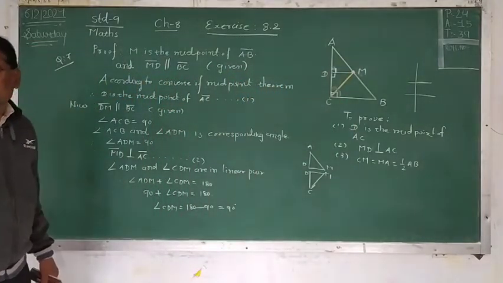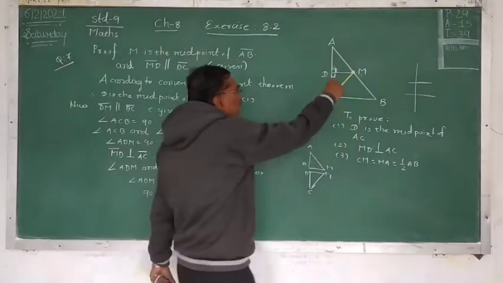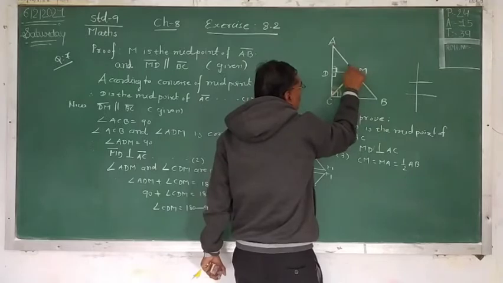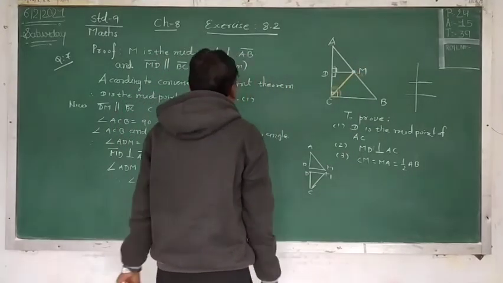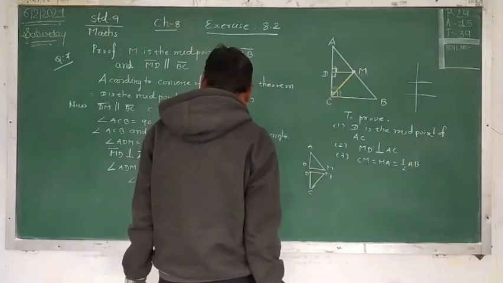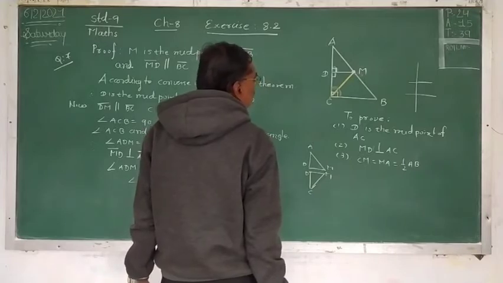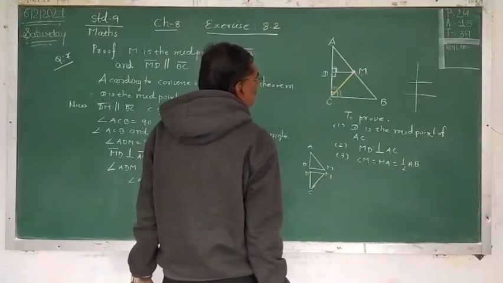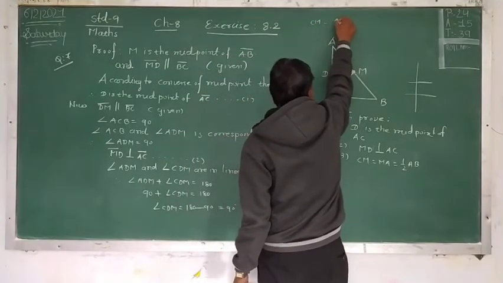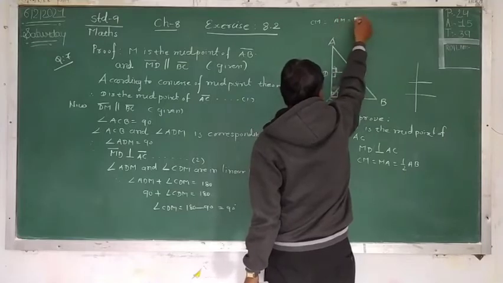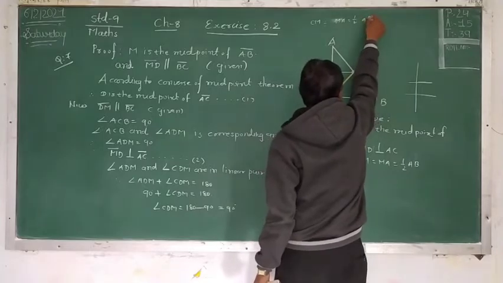Okay. Now we are going to take congruence of two triangles. We have to prove CM equal to AM. Okay, MA equal to 1 upon 2 AD.